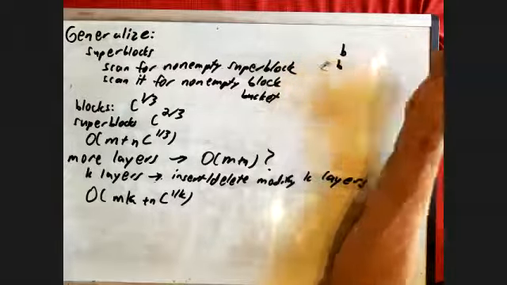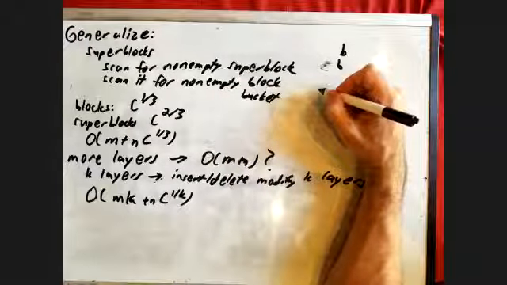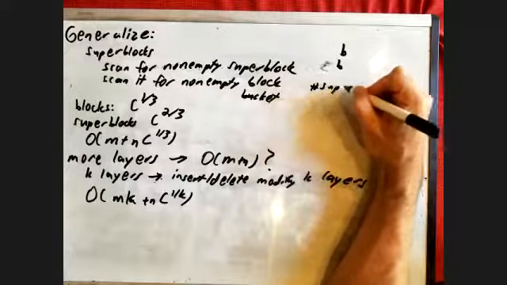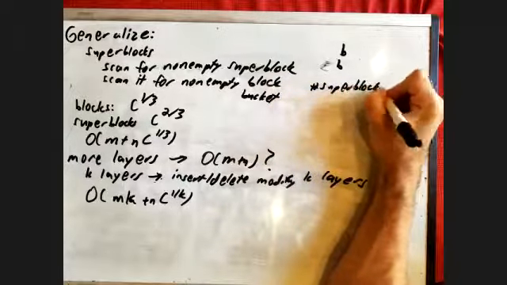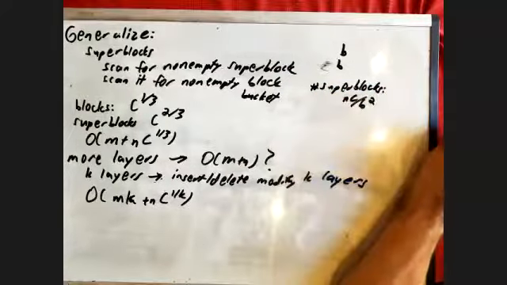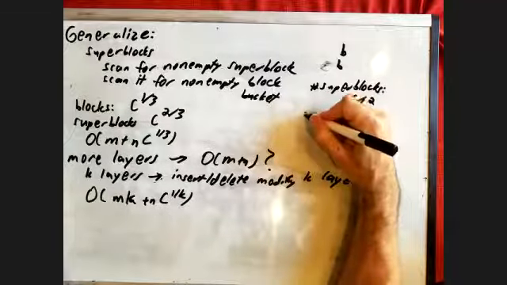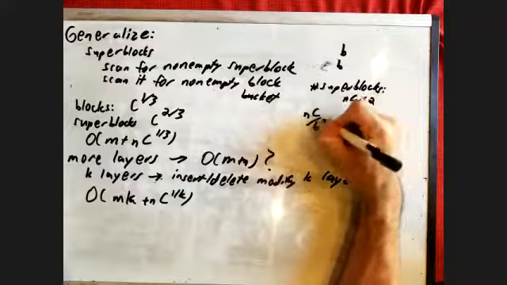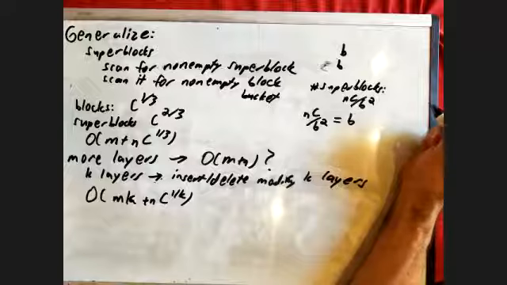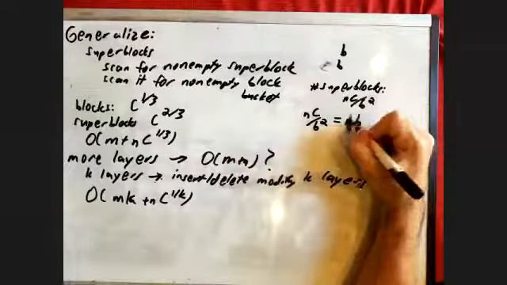So if my super block size is B, that is, the super block contains B blocks, and just to keep it from getting too complicated, let's also say that the blocks contain B buckets, the same B, then the number of super blocks is going to be NC divided by B squared. And so I'm going to want to set NC divided by B squared equal to B in order to balance my costs.